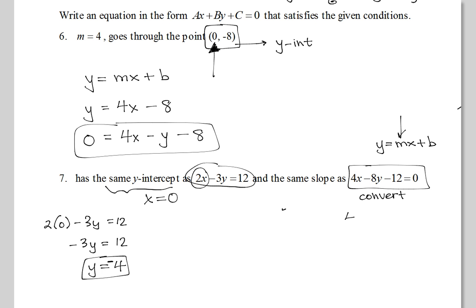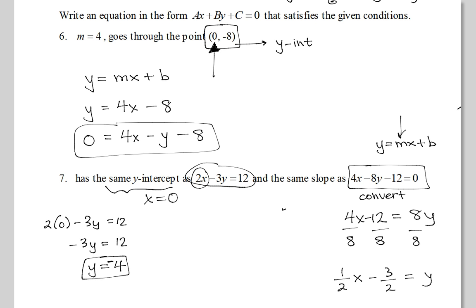So I'm going to leave the 4x and the negative 12 on the left, take the 8y to the other side, and then divide by 8. 4 over 8 is a half. 12 over 8, divide by 4, you get 3 over 2.